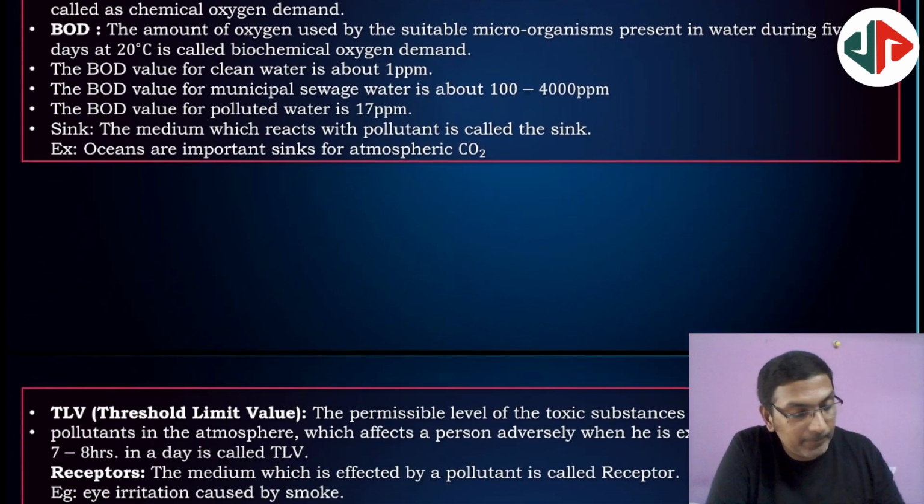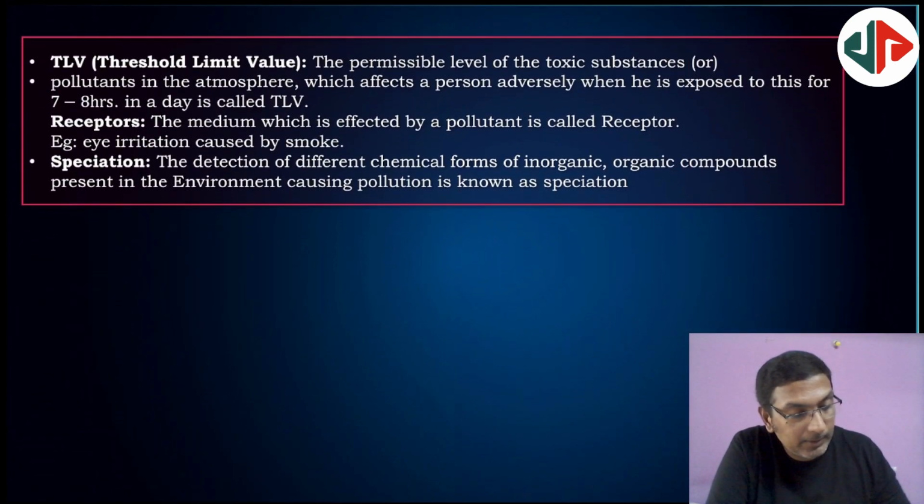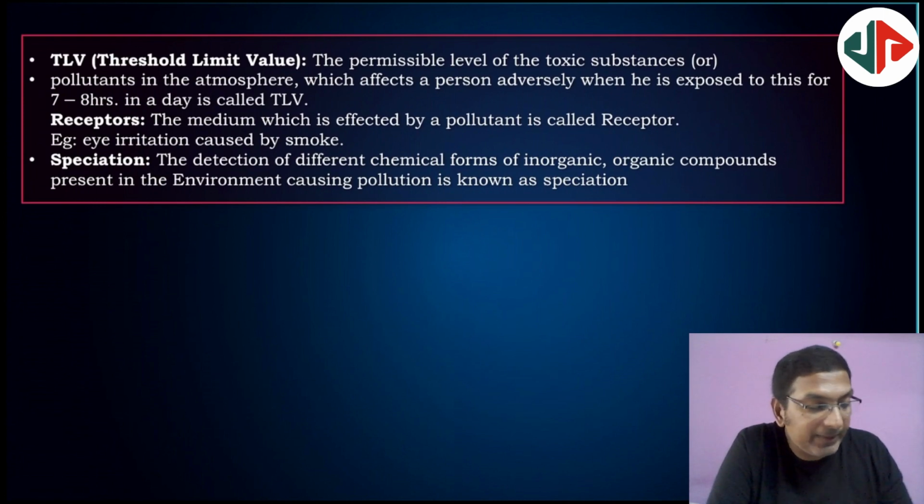Next. TLV, threshold limit value: the permissible level of toxic substances or pollutants in the atmosphere which affects a person adversely when he is exposed to that atmosphere for 7 to 8 hours in a day is known as TLV.